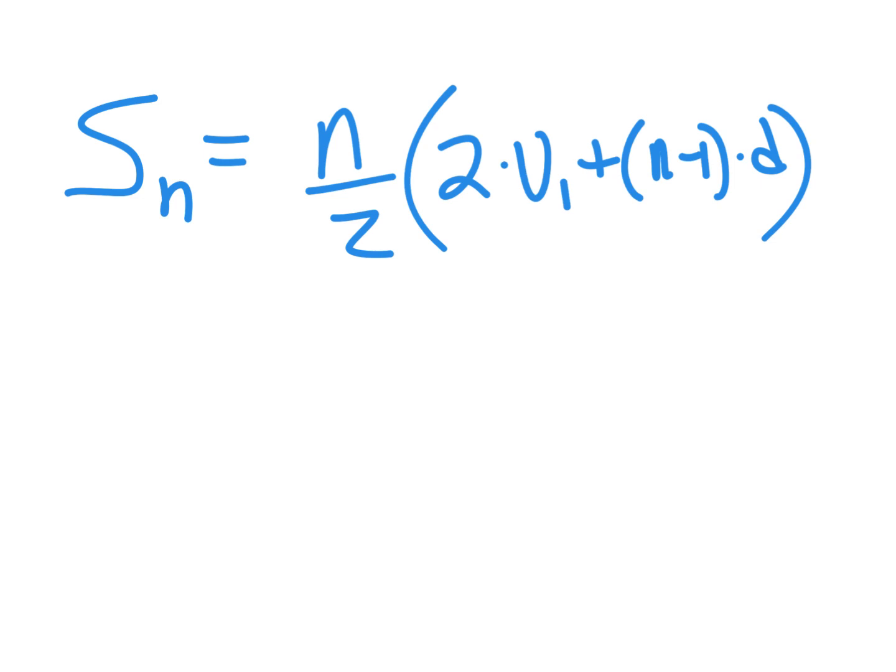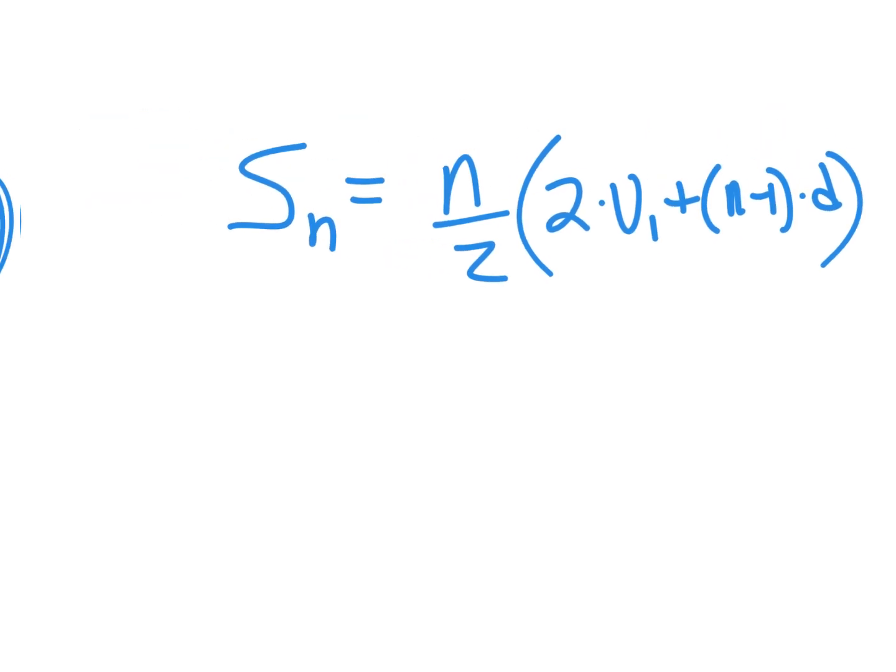Perfect. All right. That's to find something like S sub 10, the 10th one in the sequence. That's not a sum of a whole bunch of... No, wait, that is a sum. My bad. That's a sum of a whole bunch of things in a series.